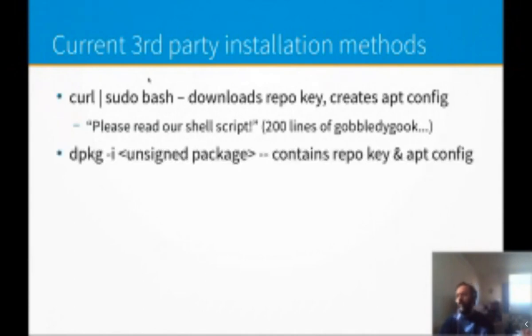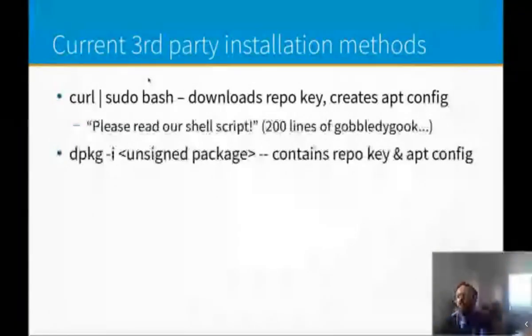Other options are things where people run dpkg on, or just install, a single unsigned package. This is the system that, for instance, Google Chrome uses, which contains the software, but also the repository key and apt configuration so that your package will be automatically updated. This kind of works, but has a downside: first of all, this package isn't signed, so it could be replaced by something else.